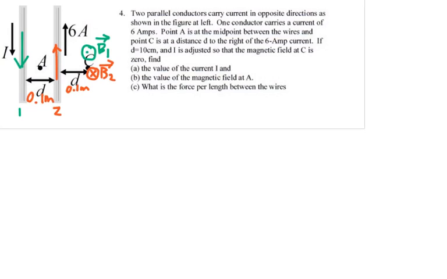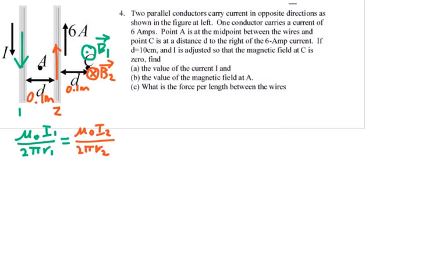So we want the magnetic field due to wire number 1, which is mu naught I1 over 2 pi R1, to be equal to the magnetic field due to wire number 2, which would be mu naught I2 over 2 pi R2, because they're in opposite directions and they'll cancel out.